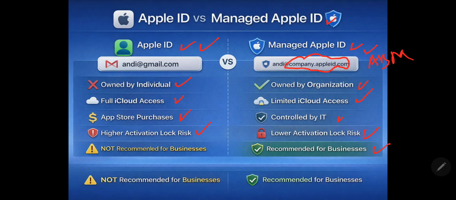Create a password and choose security questions. Verify your email address and phone number. Sign in on your Apple devices, iPhone, iPad, or Mac. The result: the Apple ID is fully owned by the individual, with full access to iCloud, App Store, and Apple services.